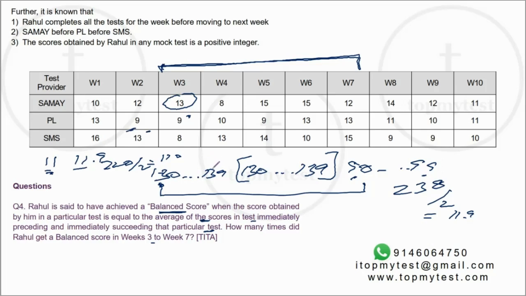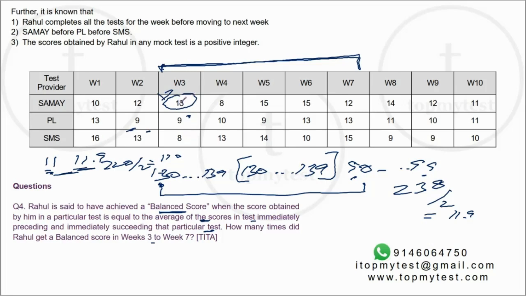Why? Because this can increase by 9, this can increase by 9, so the average can increase by (9 plus 9) divided by 2, which is 9. But when you divide by 10, because you're losing the last digit, it comes as 0.9. So once you do this, you can quickly estimate the average. So this is 11 to 11.9. Now 11 to 11.9 cannot be approximated as 13. So this is out.